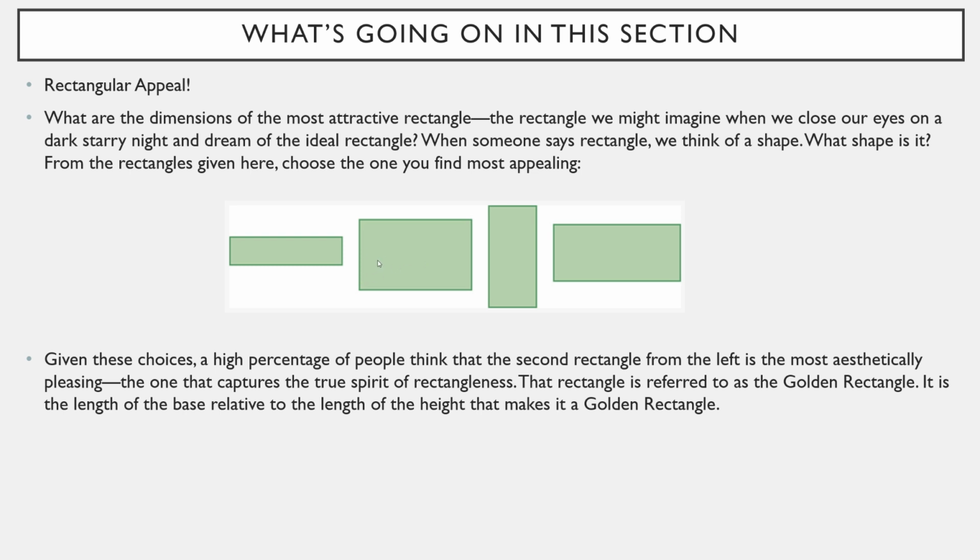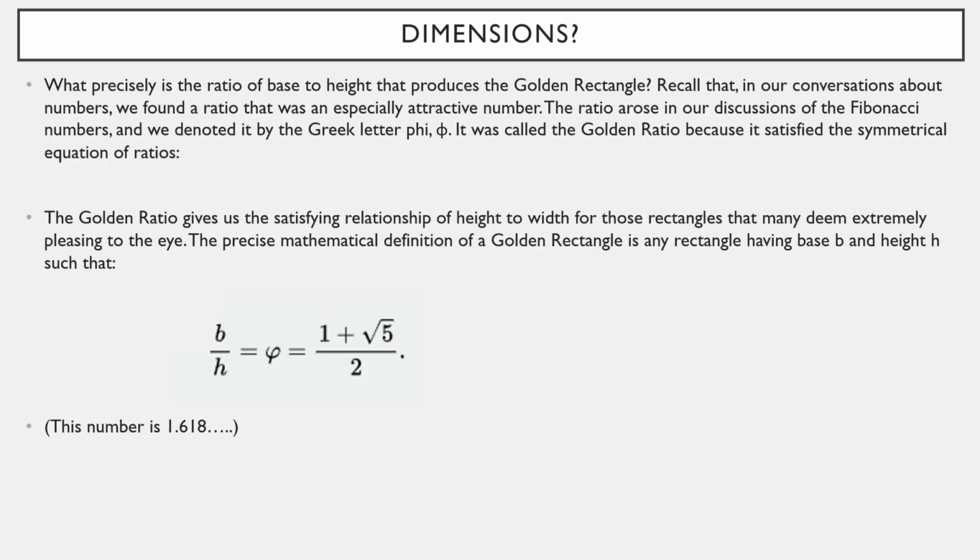So there's something about the ratio of the base to height that makes it so appealing. What precisely is the ratio of the base to height that produces the golden rectangle? Recall that in our conversations about numbers, we found a ratio that was an especially attractive number.